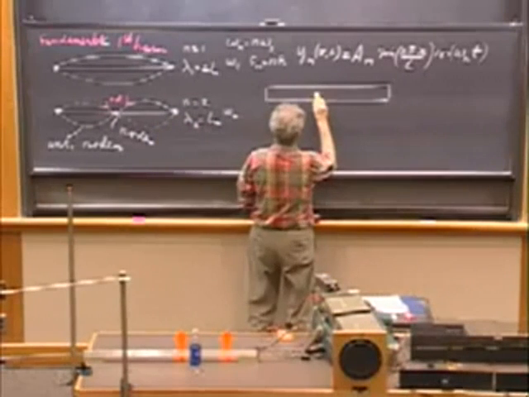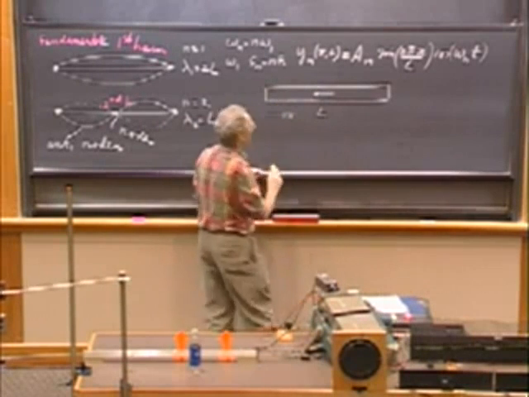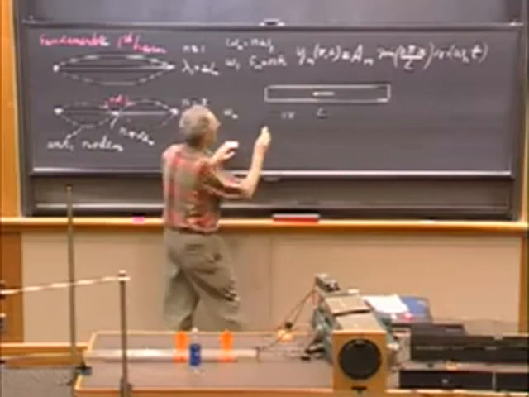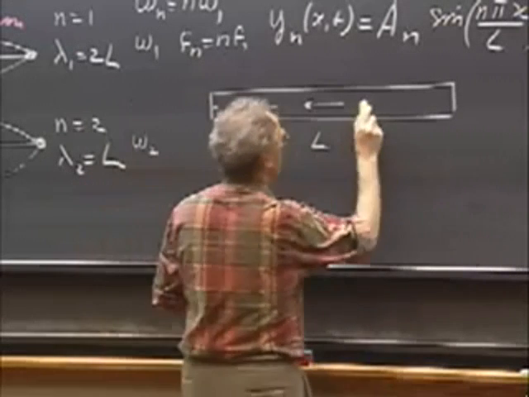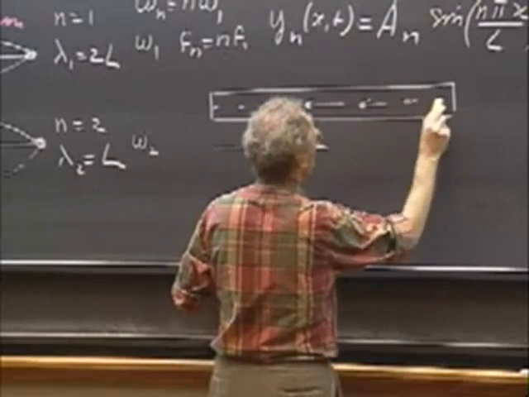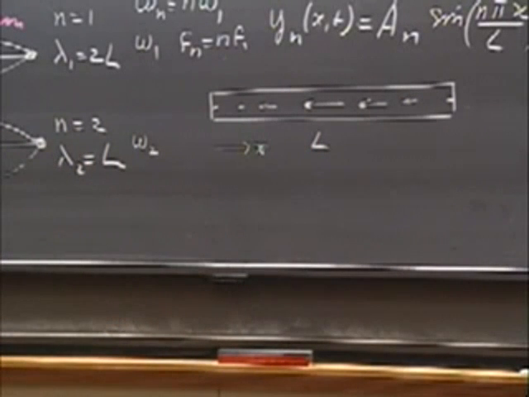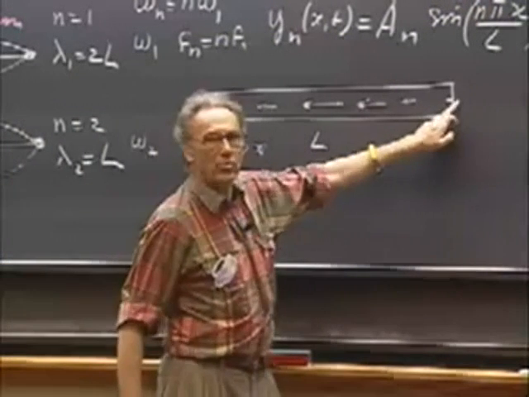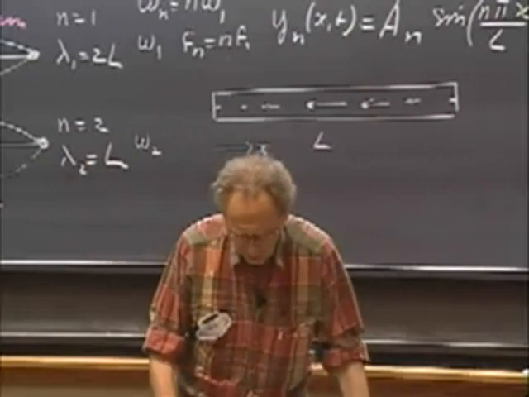So in the lowest mode, that means in the fundamental, in the first harmonic, in the middle the motion would be very large, like the y is very large, and then it's a little smaller, and a little smaller, and here it would stand still, and here it's a little smaller, and here it stands still. So therefore, in terms of psi, which is the position of the molecules, this would be a node, and this would be a node, and this would be an antinode in the case of the first harmonic.